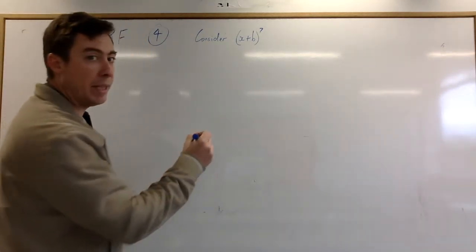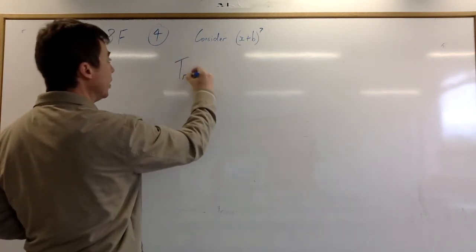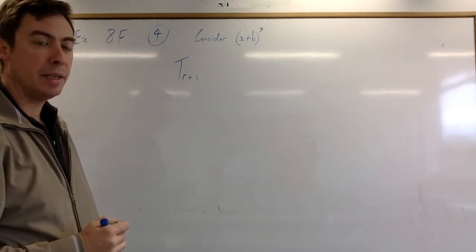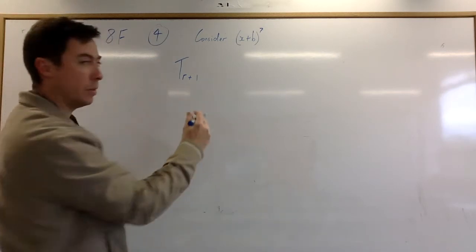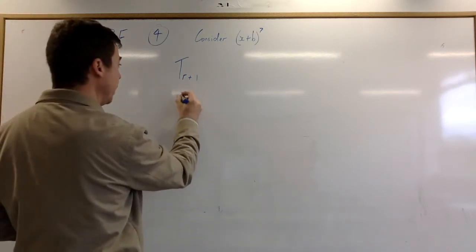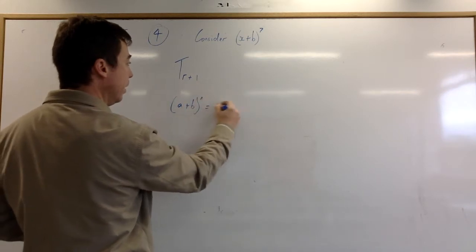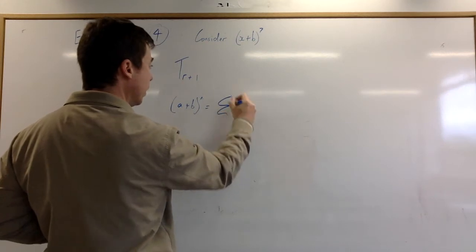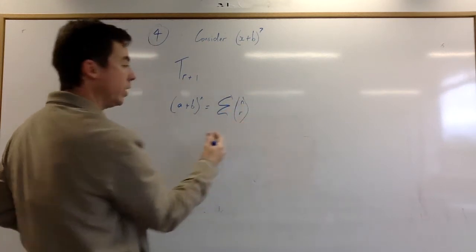All right, so what they mean is write down your general term formula, T R plus 1. In class, I've been giving you a different formula that's almost the same formula. I've been saying if you have to expand (a plus b) to the power of n, you can write that as a sum of n choose r, I'll use the letter r.